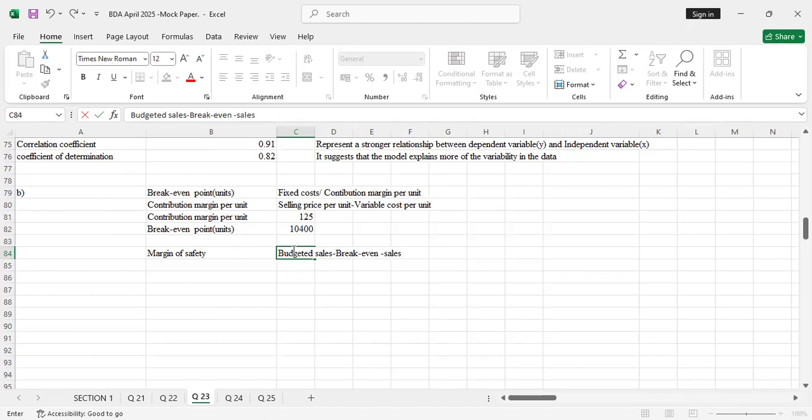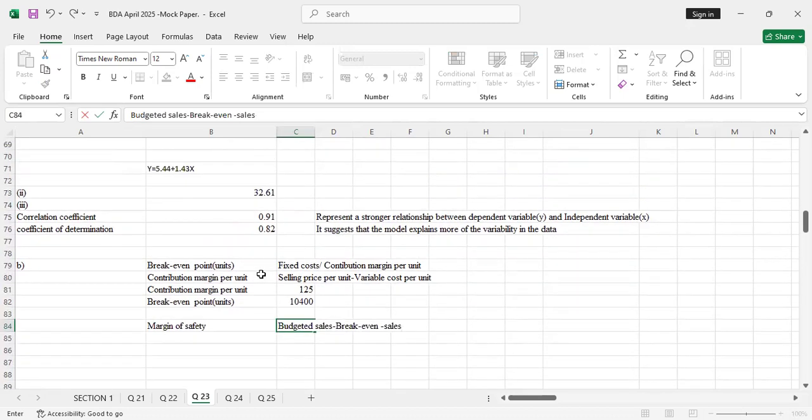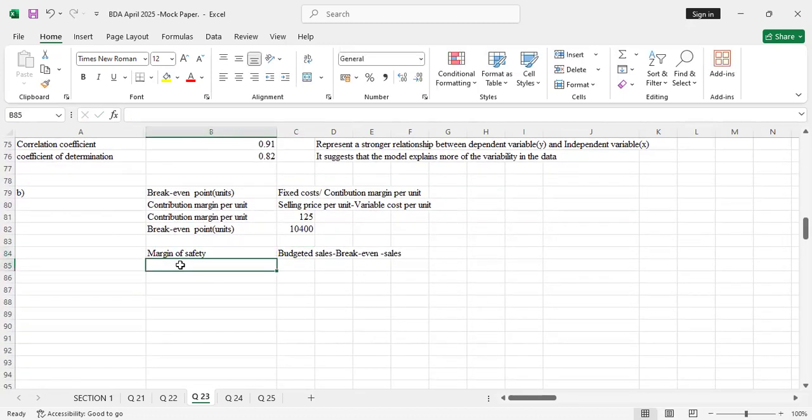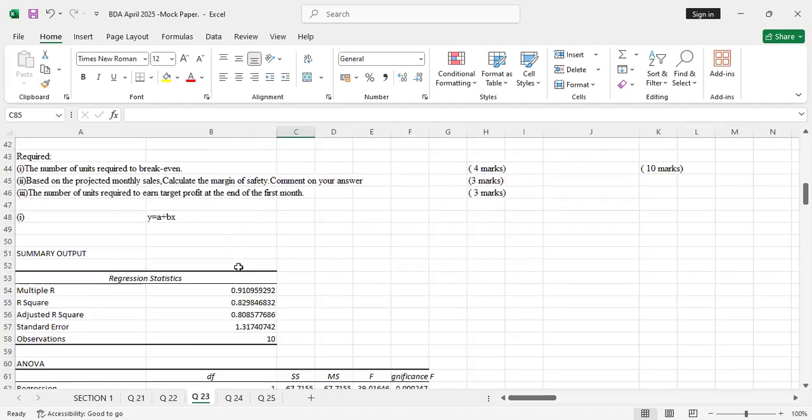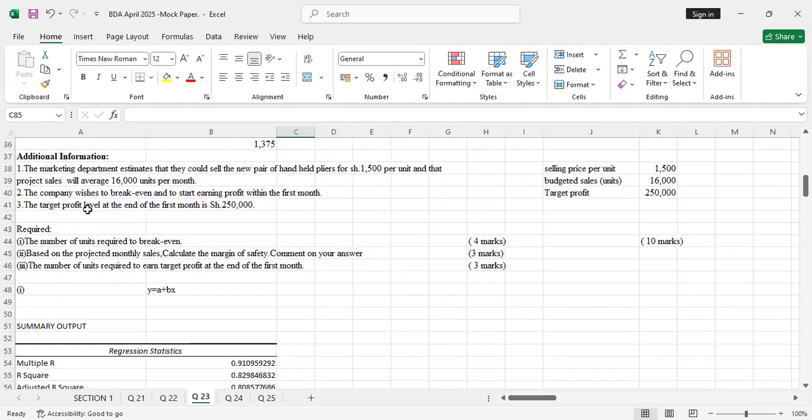So here, we look at the budgeted sales. Do you have budgeted sales? We'll first calculate the budgeted sales. How do we get the budgeted sales? We were told under additional information that the marketing department estimates they could sell the new pair of handle pliers at 1,500 shillings per unit, and that projected sales will average 16,000 units per month.